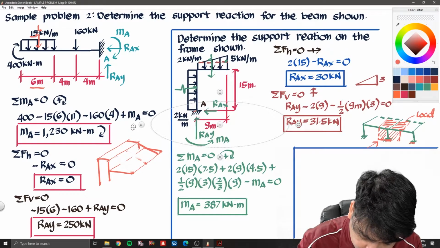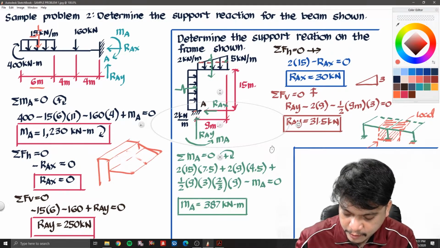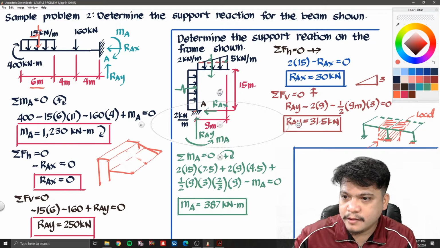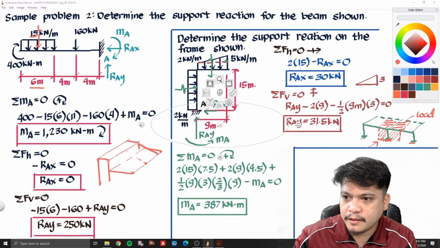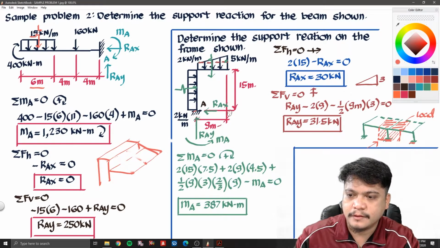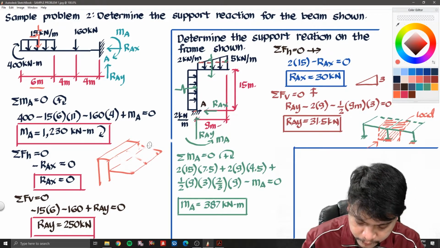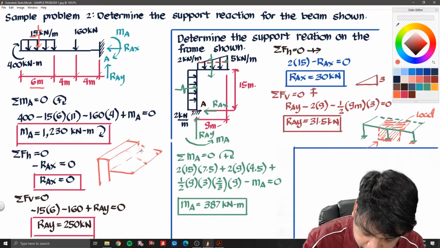Wala yung cables na yan. So, meron lang tayo ito.